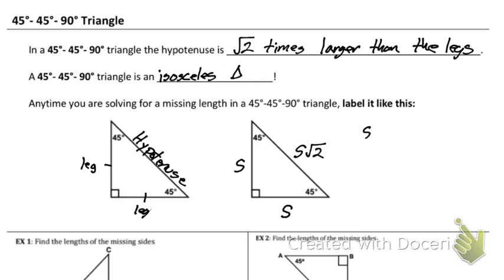And we'll put up here that S is our leg length. Until you get good at these, I would always label it this way when you see 45-45-90, and I'll show you how to do that with actual values.